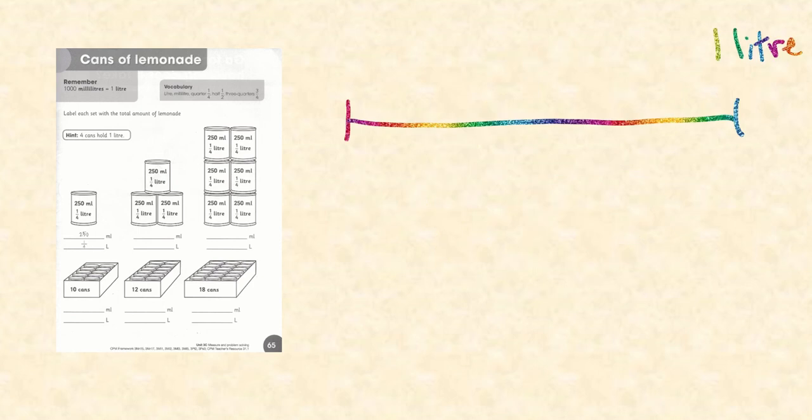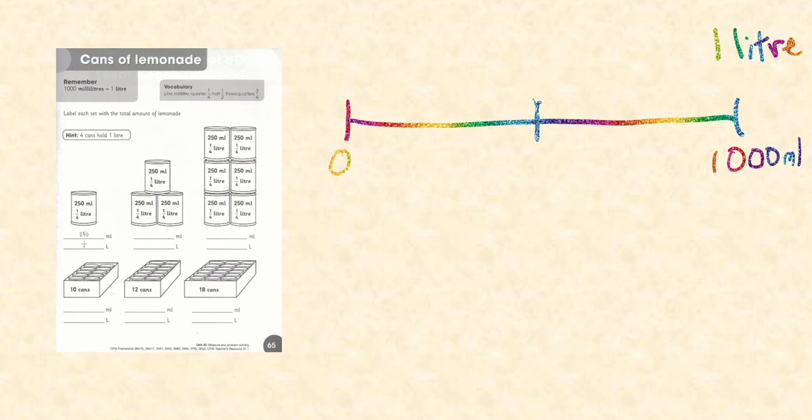Now I have drawn a line to represent 1 liter. How many milliliters do we have in 1 liter? 1 liter has 1000 milliliters, right? Correct? Good. Now, I am going to cut it equally into 2 parts.